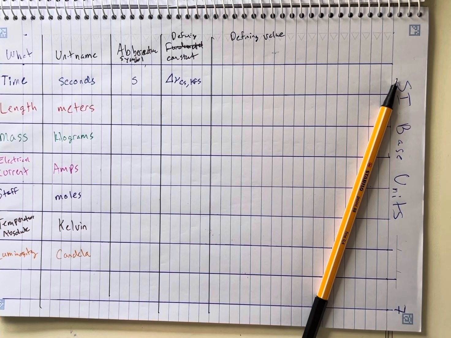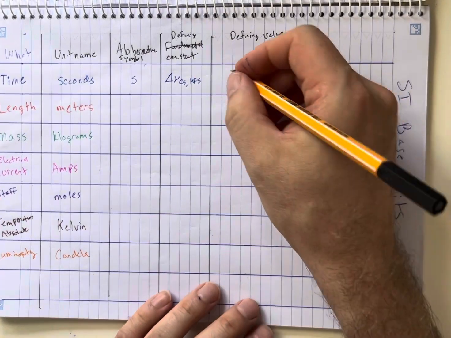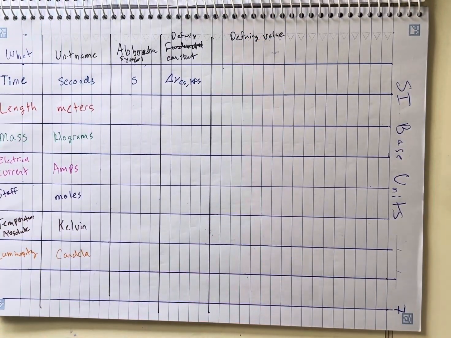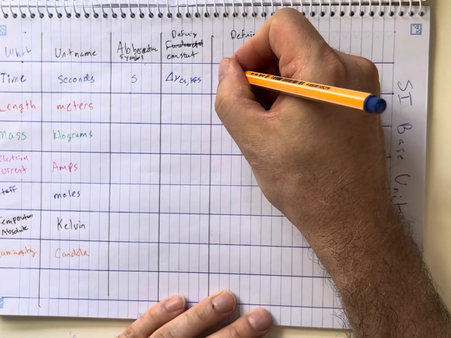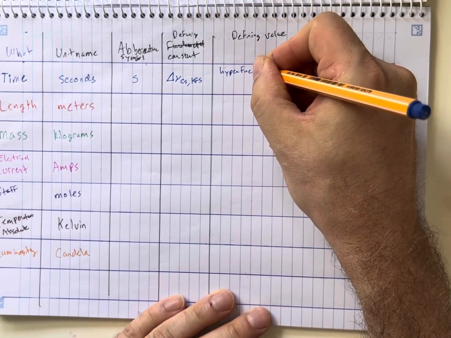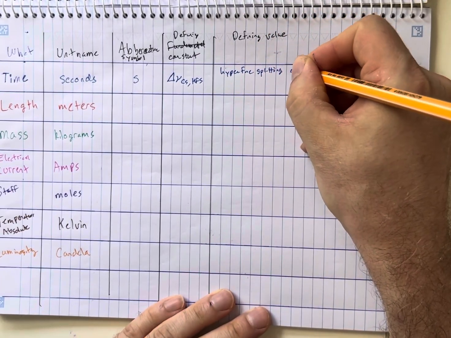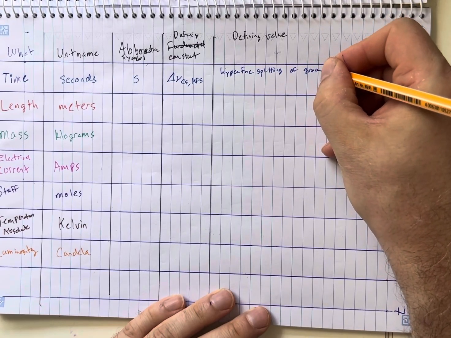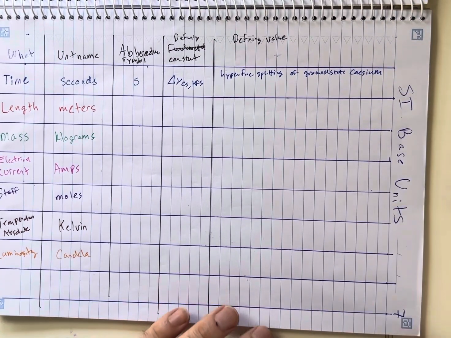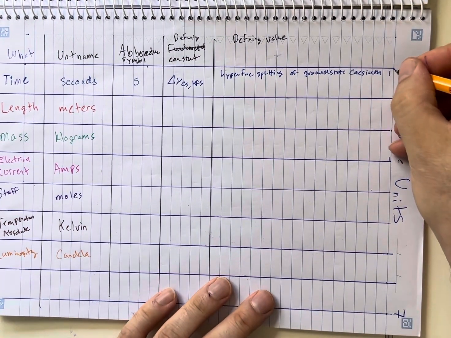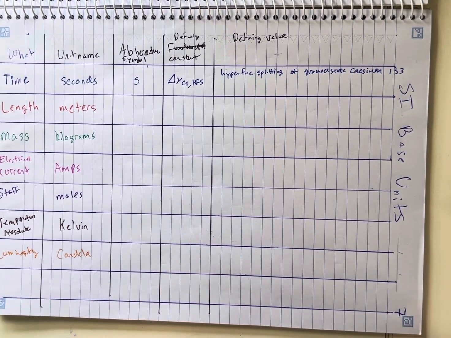And so this is defined by the hyperfine splitting of the ground state of cesium 133. That's the only type of cesium that's naturally occurring, so that makes it easy.